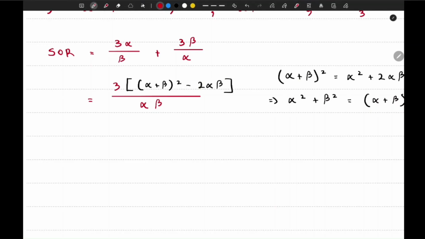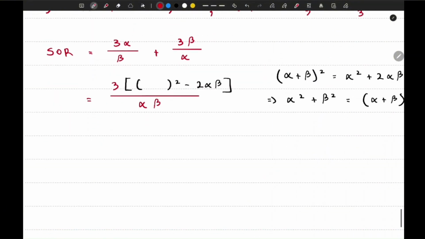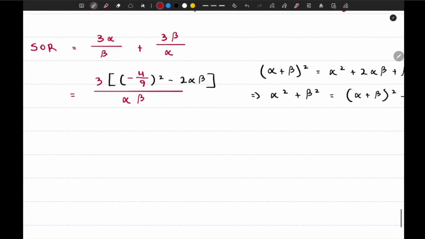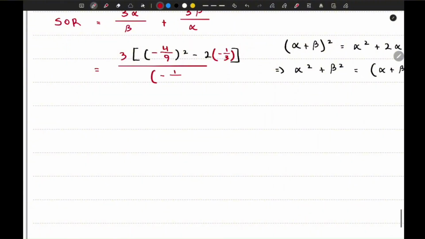Now we know that the value of alpha plus beta is negative 4 over 9. So we can replace this with negative 4 over 9, and the value of alpha beta is negative 1 over 3. So it's negative 1 over 3, and this is also negative 1 over 3. So the sum of roots is negative 22.